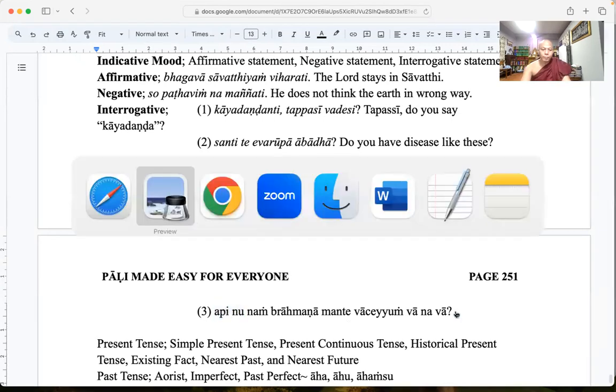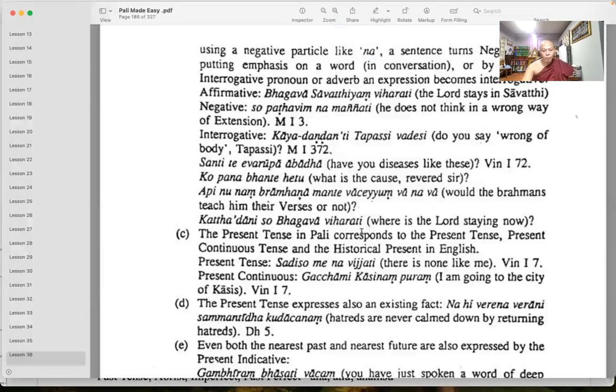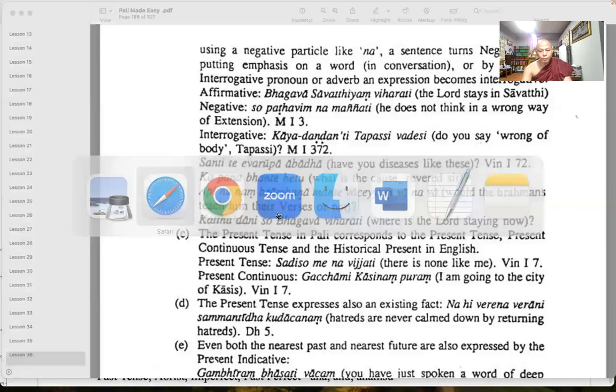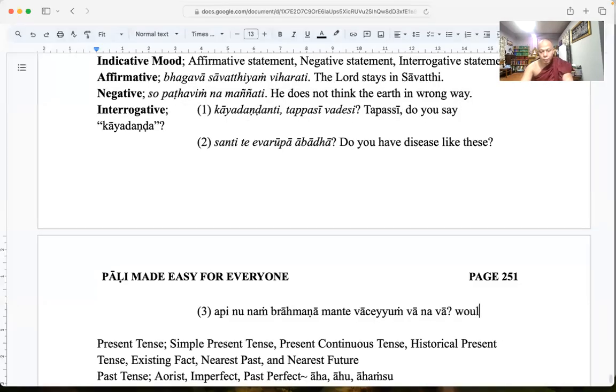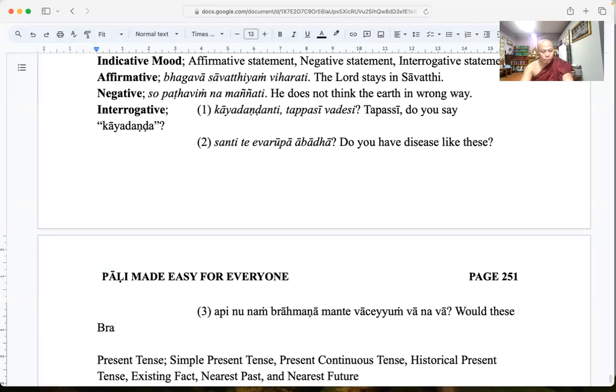Now, do the minister and these Brahmas teach him, so are they buses or not? Or not. So in this way.